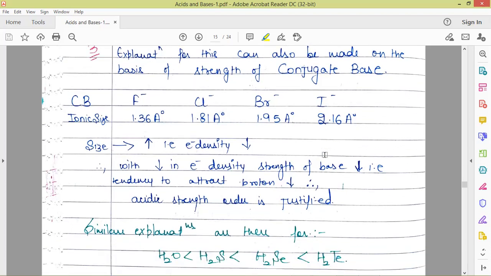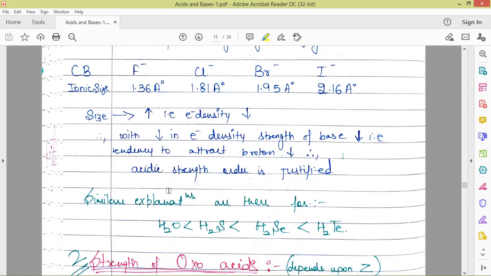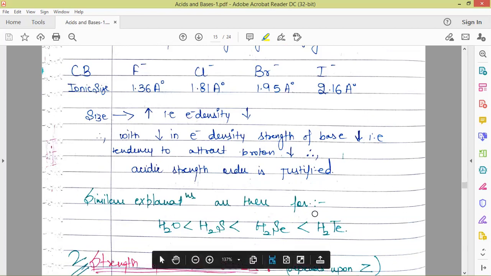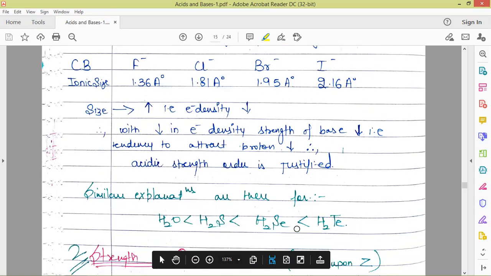So based upon this, the trend becomes HI is the most acidic, then HBr, then HCl, then HF. A similar explanation holds for the group 16 hydroacids, so these three explanations are valid for group 16 hydroacids also.